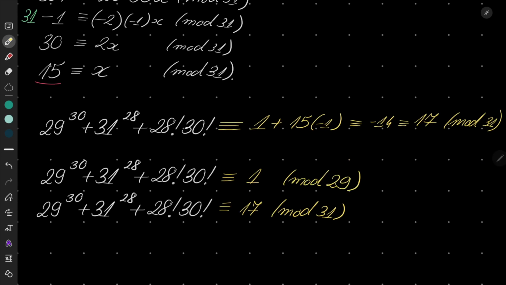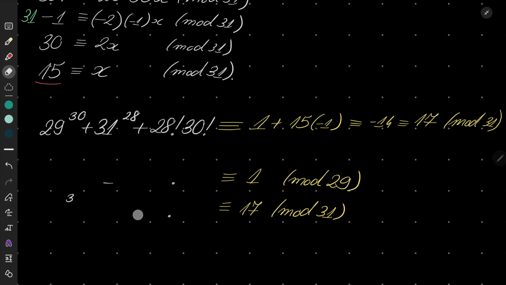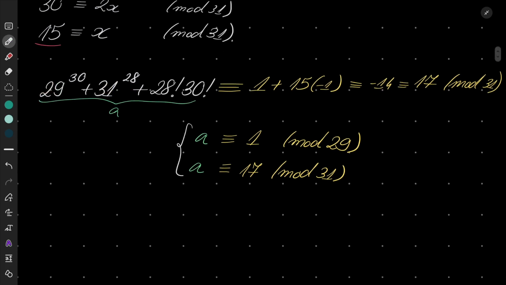I'm getting tired of writing all of that, so let's say that this number is A, A is congruent to this, and A is congruent to that. And we have now to solve this system of congruences. Or we could guess our answer, but let's not do it.